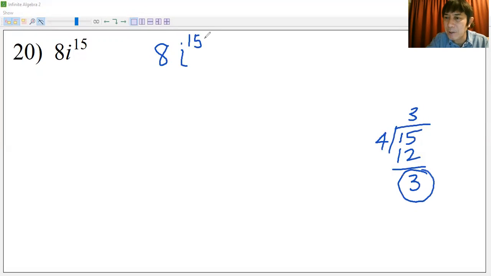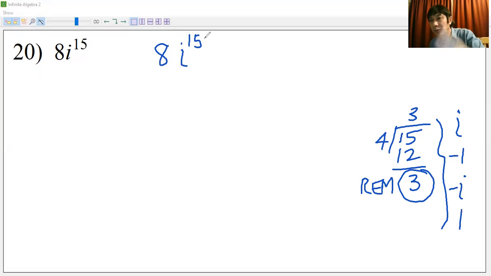If your remainder is 3, it falls to the third. Remember, we have a cycle: i, -1, -i, and +1, always 1, 2, 3, 4. If your remainder is 3, then it will have to be this, so that means it's negative i.